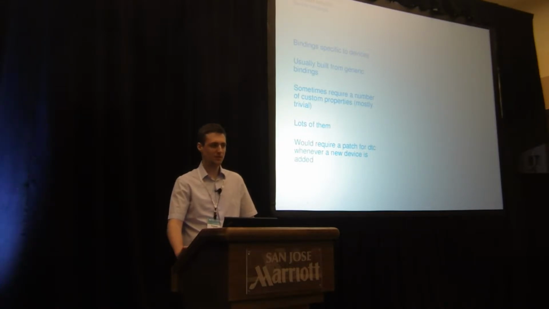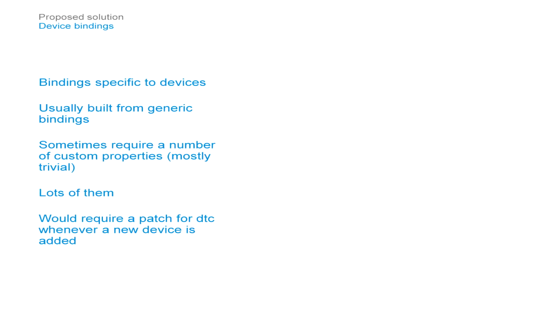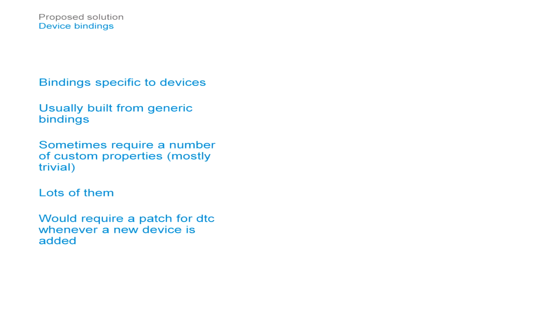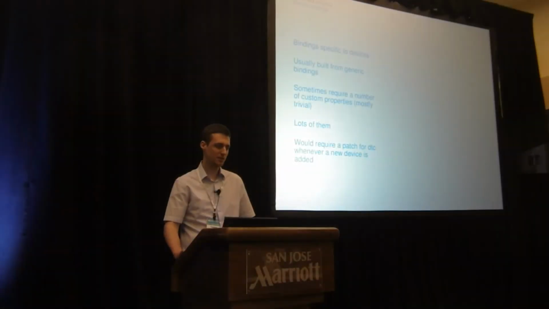Sometimes a device-specific binding also requires a number of simple device-specific properties, but they are mostly simple, such as integers, strings, or arrays of them. And another characteristic of those bindings is that there are lots of them. Basically, every device supported by Linux kernel and other operating systems using device tree needs a binding defined, even a trivial one.